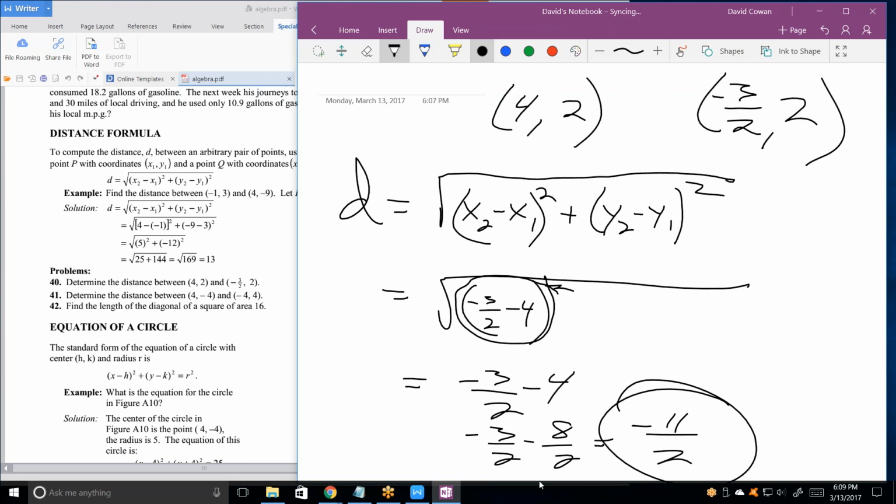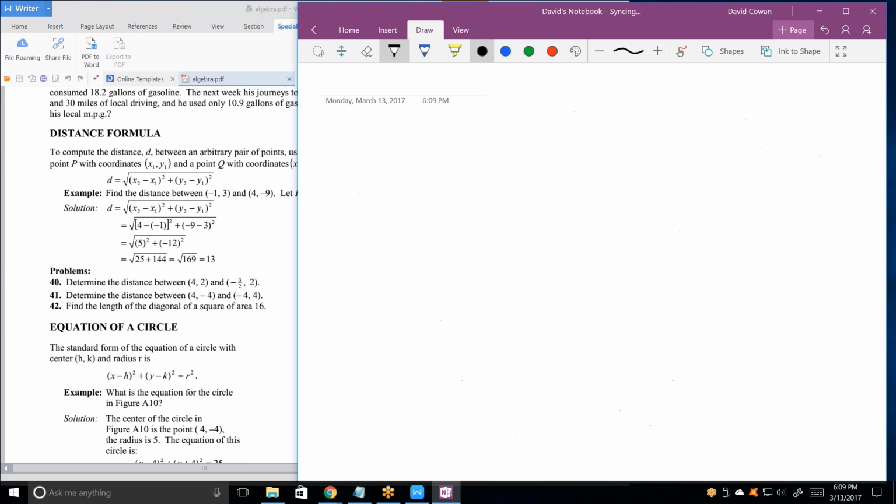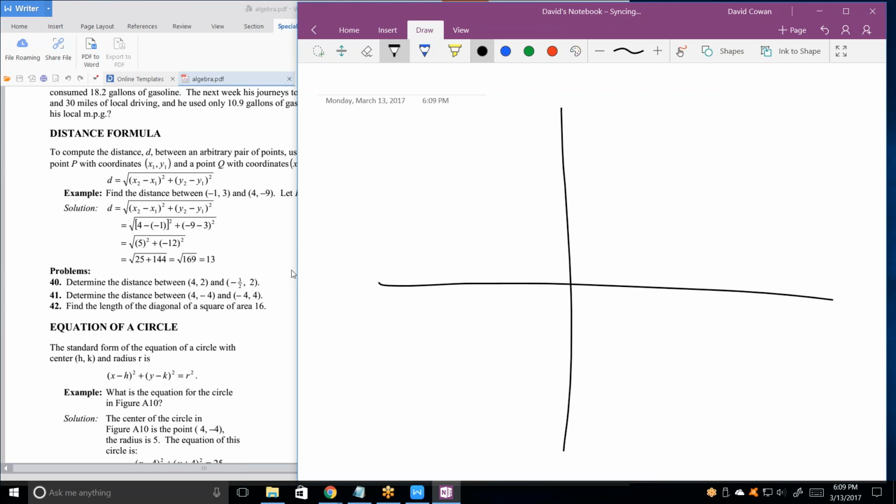Okay. Now, hold on 1 minute. There is another way to figure this out that's a little easier when you have a vertical or a horizontal line. Notice that with this point, it's 4, 2, and it's -3/2, 2. In other words, the y-coordinate is the same.